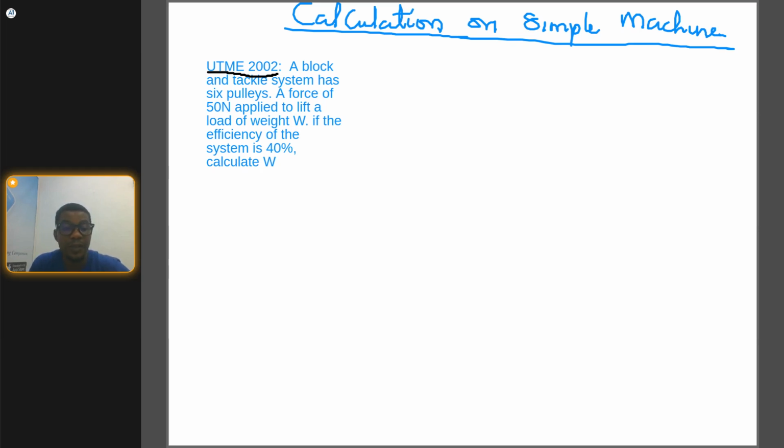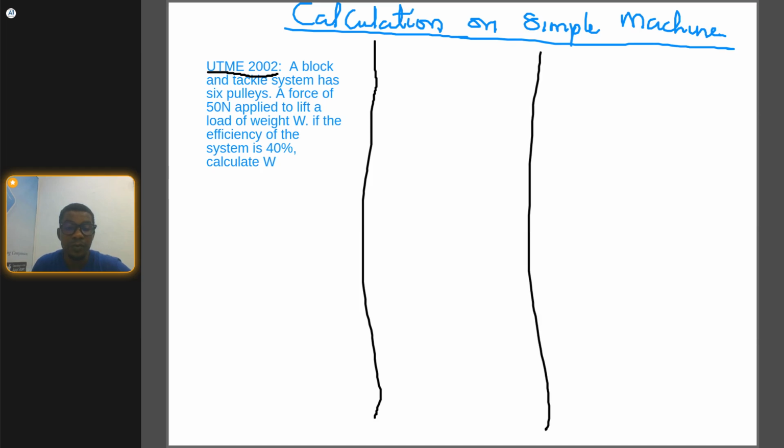A force of 50 Newton is applied to lift a load of weight W. If the efficiency of the system is 40%, calculate W. So we are expected to calculate the value of W.